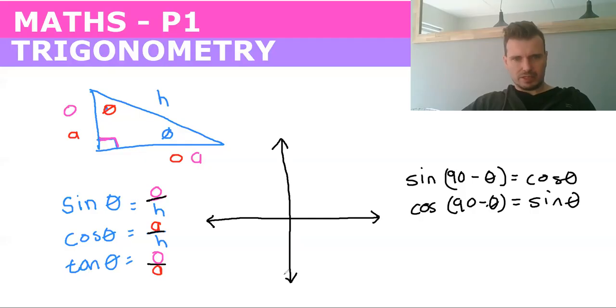Okay, so I take that angle there, and if I drop a perpendicular from the point down to the x-axis, this point here has coordinates x and y.